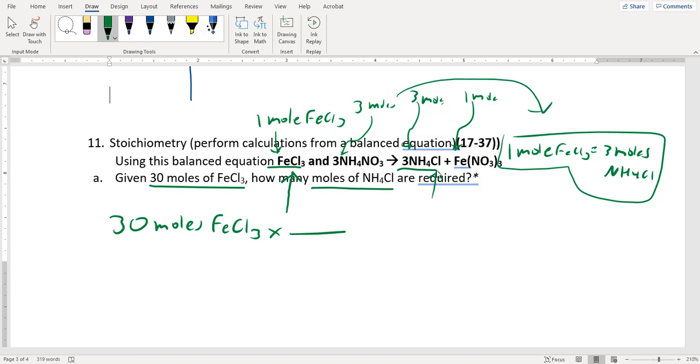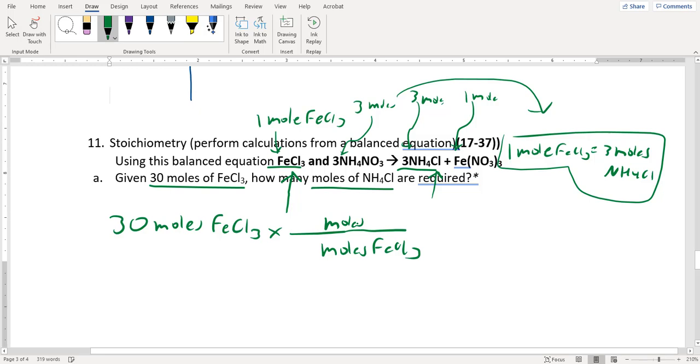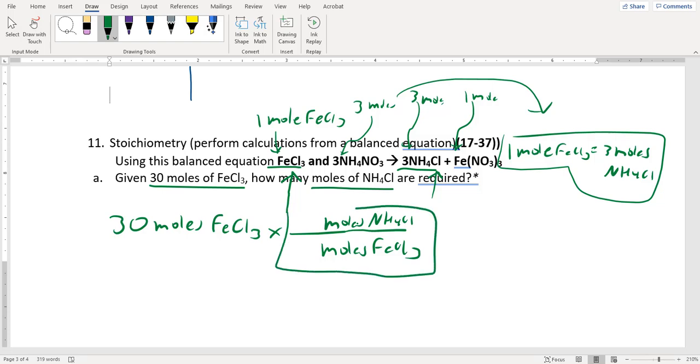So automatically, moles of iron chloride needs to go on the bottom, and moles of ammonium chloride need to go on top. Now, this right here is a mole ratio, and the numbers in front are the ratios from the balanced equation.